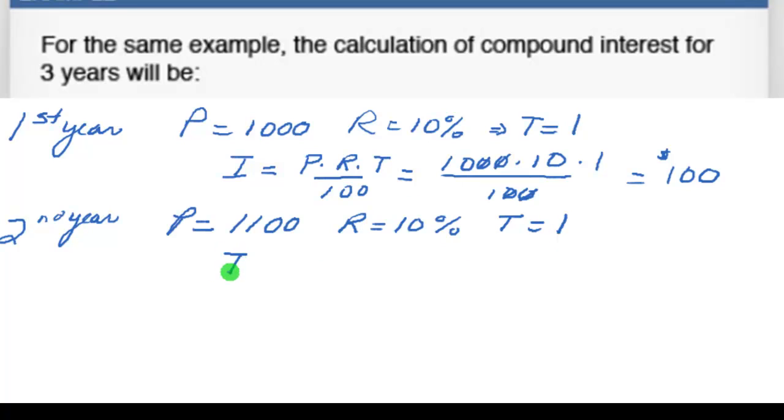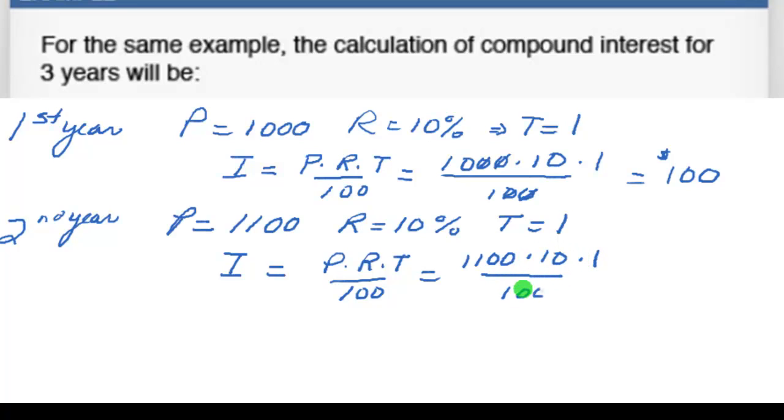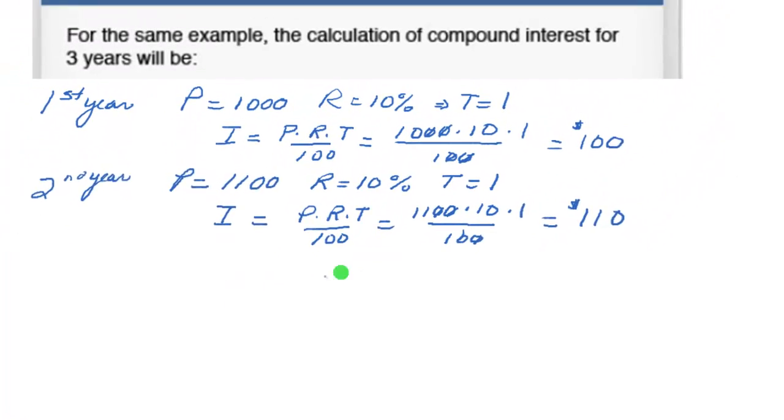So interest equals principal times rate times time over 100. So 1,100 times 10 times 1 over 100. Canceling zeros, we get 11 times 10 or $110. So your interest for year 2 is $110.